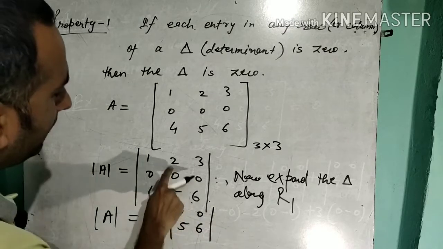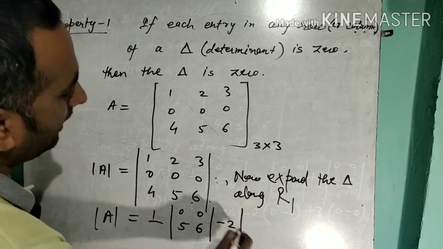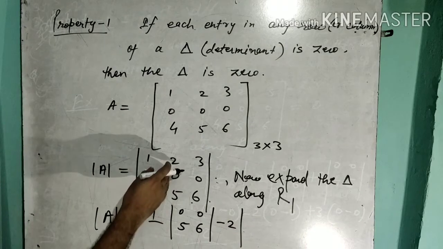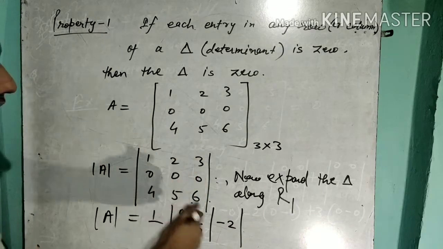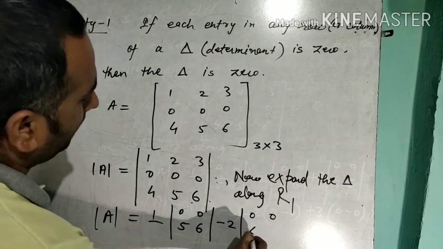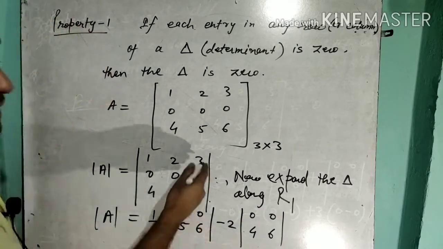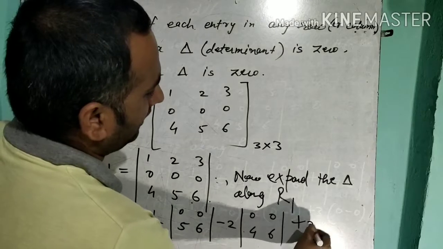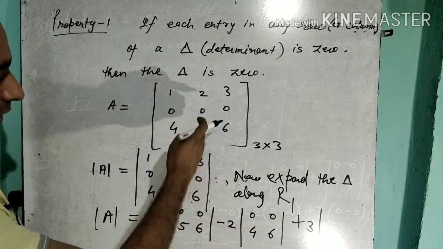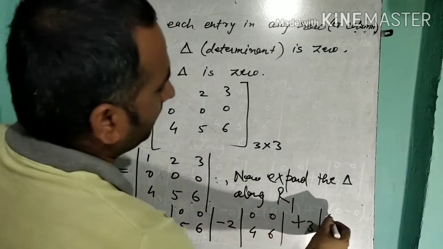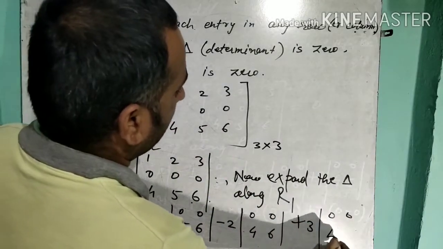After that, minus 2, which lies in the first row and second column. We delete the first row and second column, and we have 0 0, 4 6. The last one is plus 3. We remove the first row and third column, so it is 0 0, 4 5.